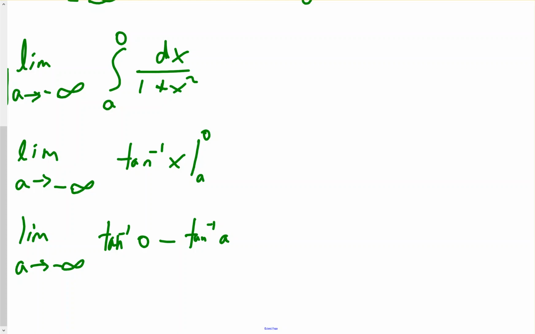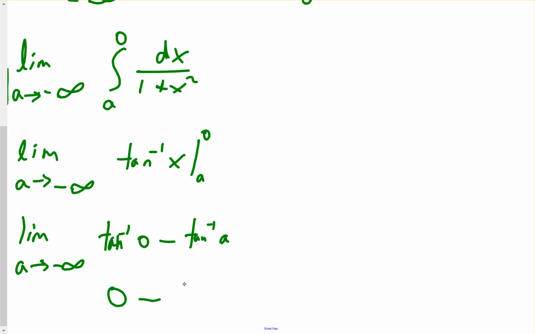Okay, so that means if we do inverse tangent of 0, we get 0 minus. Now, inverse tangent of negative infinity.